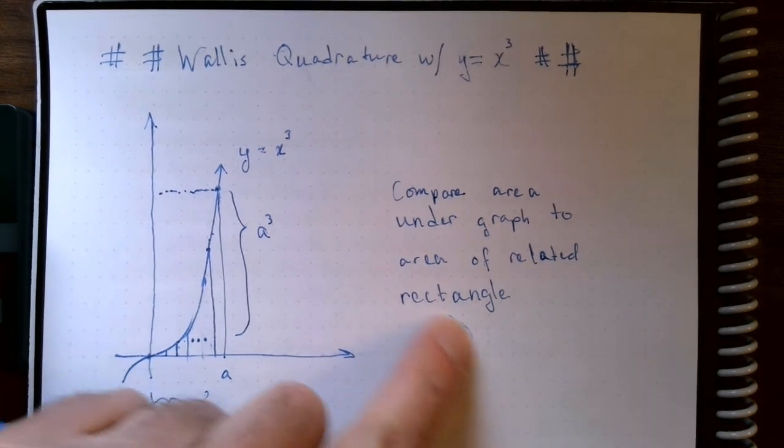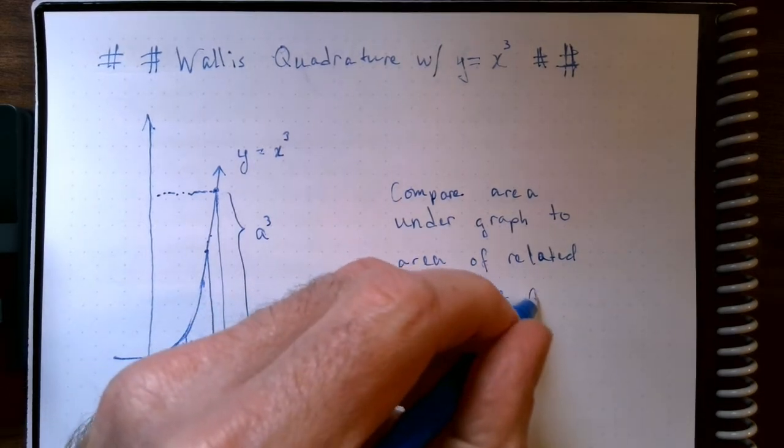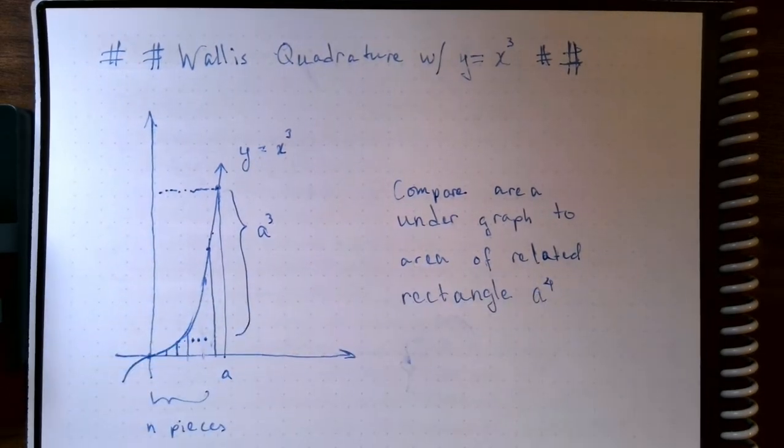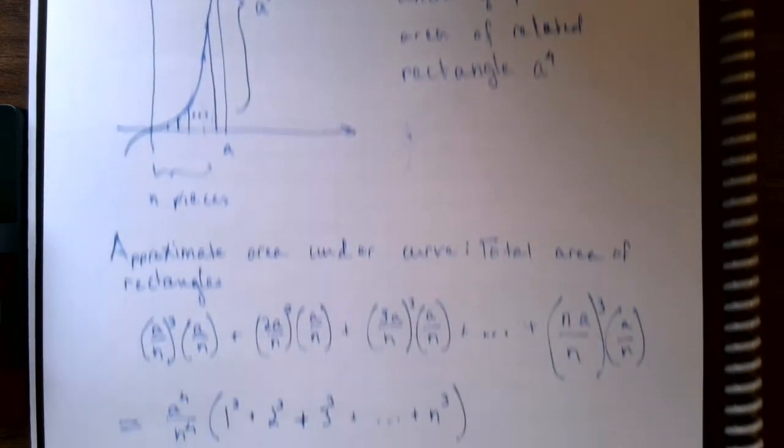In fact, let me put that over here. So that is area a to the fourth. Okay. So what we're going to do is get an approximation for the area under the curve and look at a comparison between that and the area of the related rectangle.